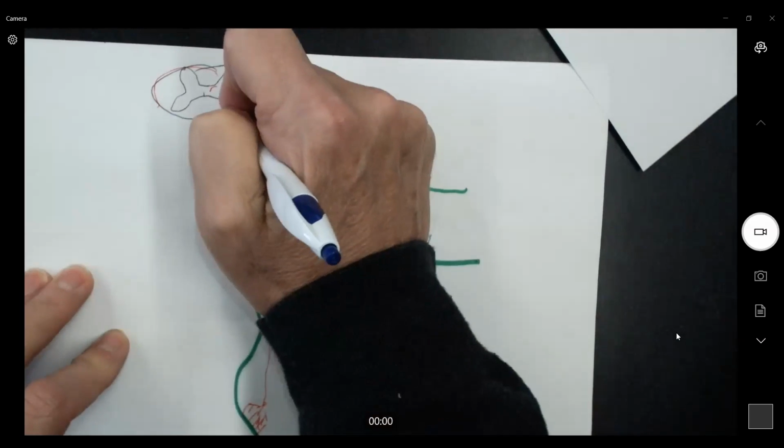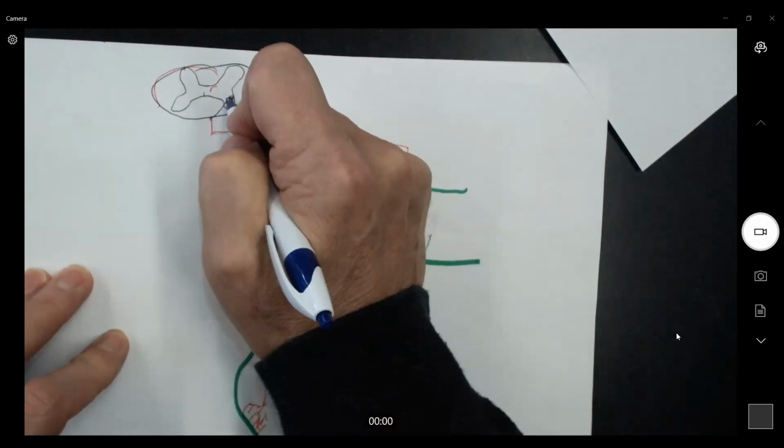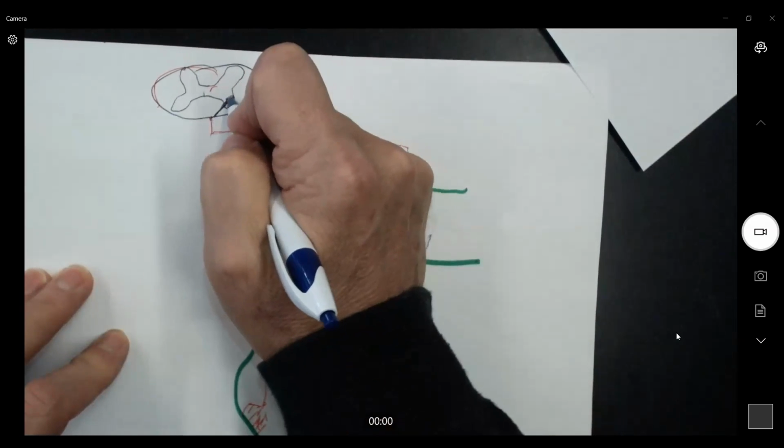So you have essentially sensory neurons here. They connect here.